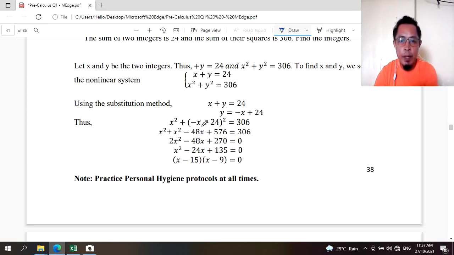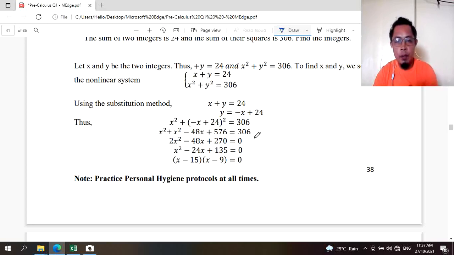For the middle term, we have negative x times 24, that is negative 24x. Add it to itself, we have negative 48x for the middle term, and for the last term, we just square 24, so we have 576. Okay, simplifying this further, we come up with 2x squared minus 48x plus 270.